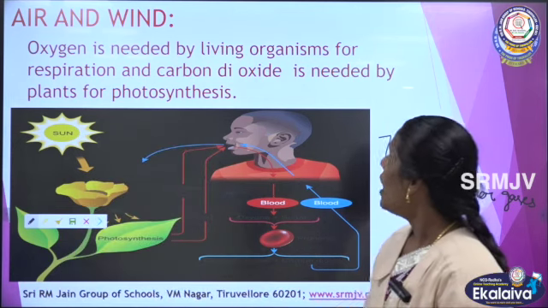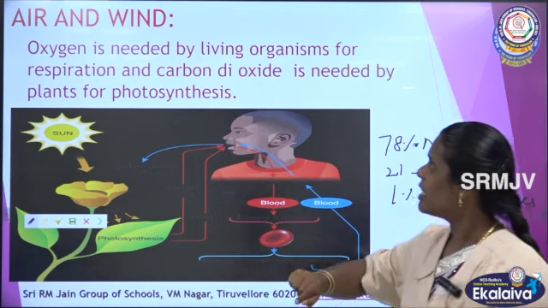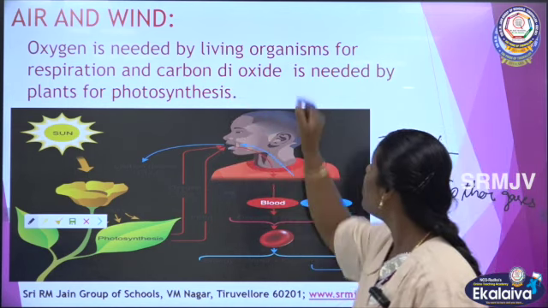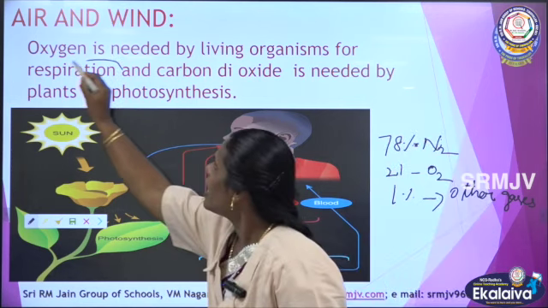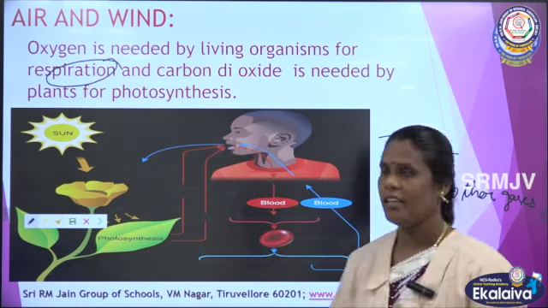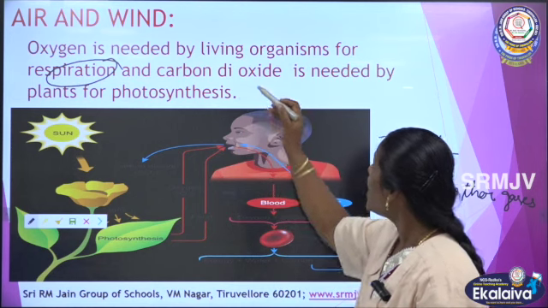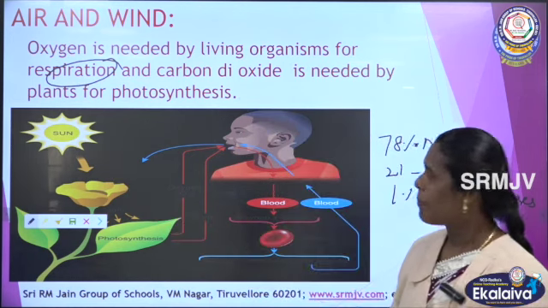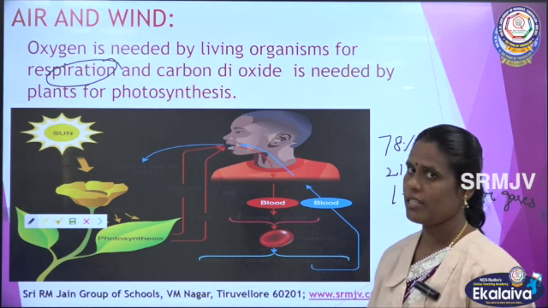Here, air and wind. Oxygen is needed by living organisms for respiration, and carbon dioxide is needed by plants for photosynthesis.